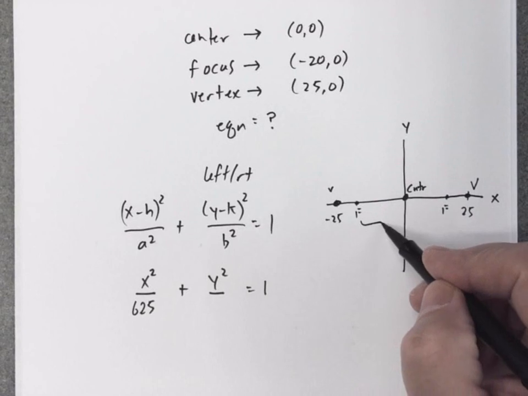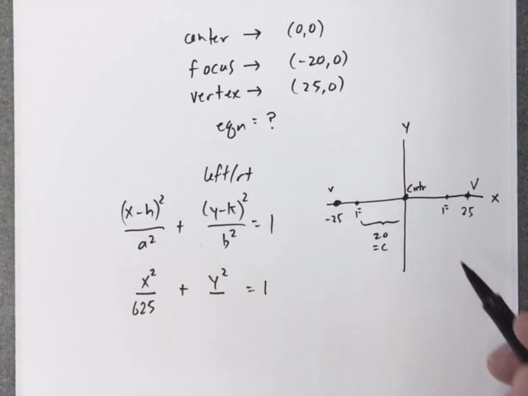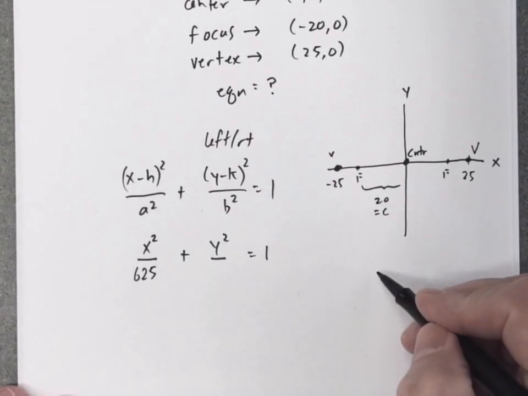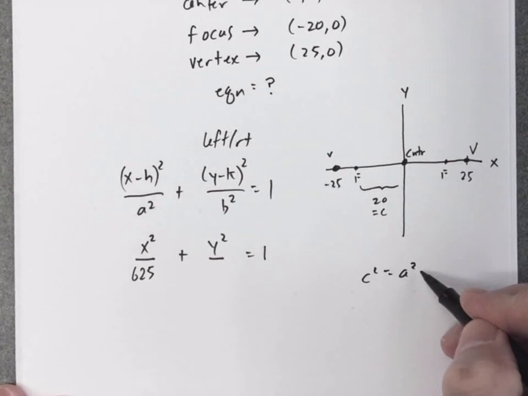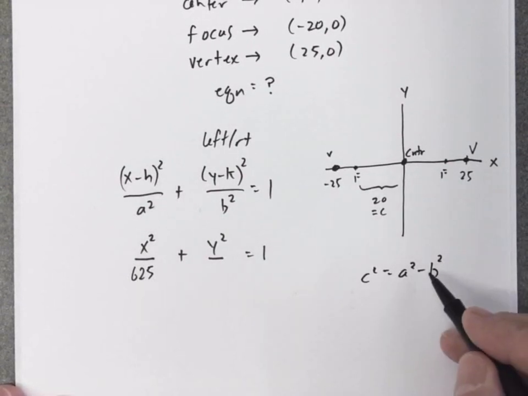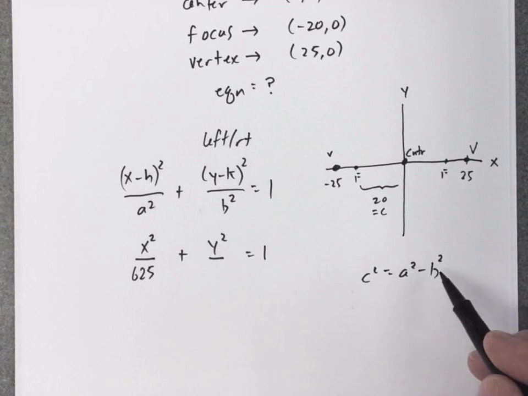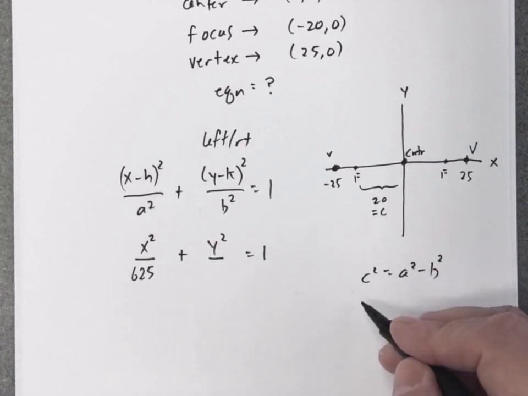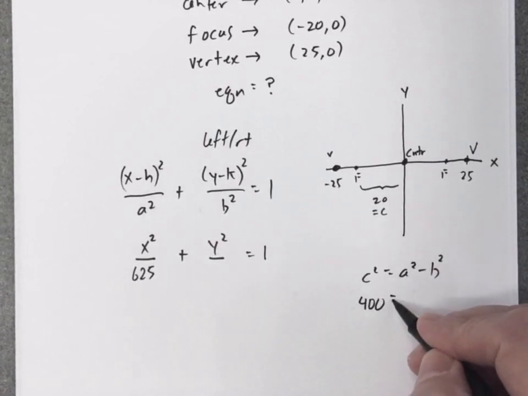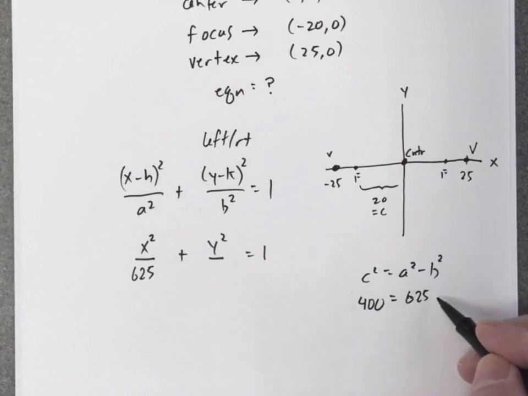These are both 20, and we call that distance c, and for an ellipse, c squared equals a squared minus b squared. If I know a squared and c squared, then I can find b squared from this little equation. So c squared would be 20 squared, which is 400. A squared is 625.